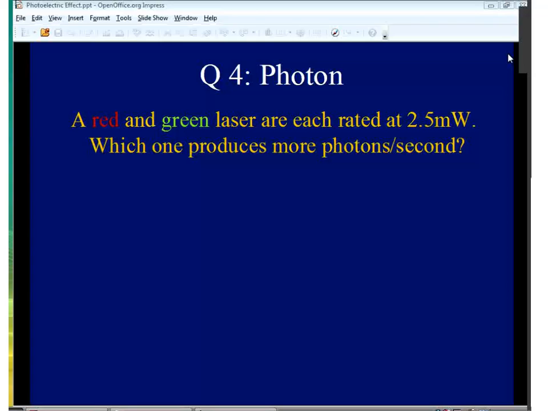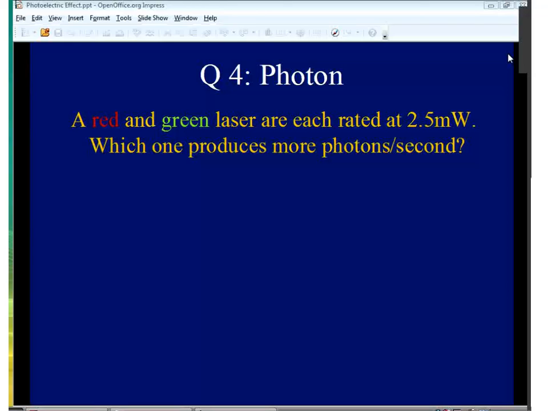One photon corresponding to green will have less energy. So to have the same energy of 2.5 millijoules, more green photons will be required.